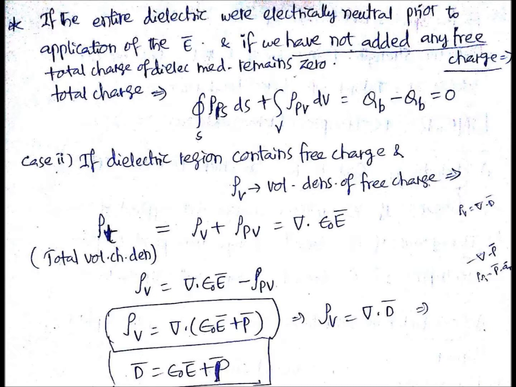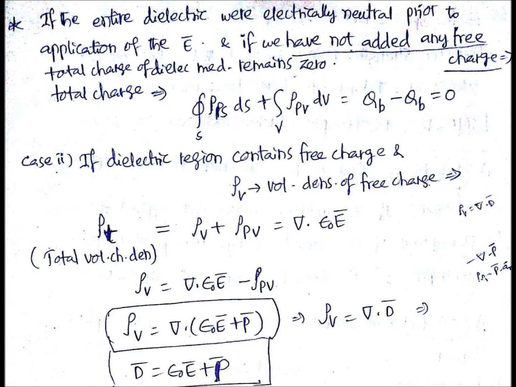Then the total volume charge density is going to become rho v plus rho pv, that is due to polarization and the actually existing free charge, and it equals the divergence of epsilon naught E bar. You can get these things from Maxwell's equations, right? Rho v equals divergence of d bar, and d bar is nothing but epsilon naught E bar. That's how I am getting this.